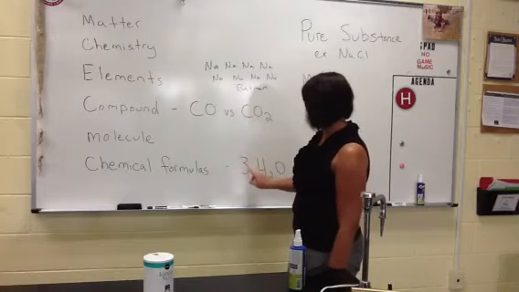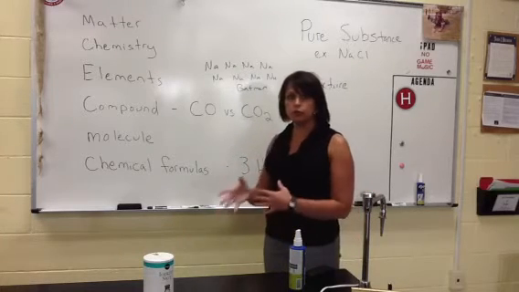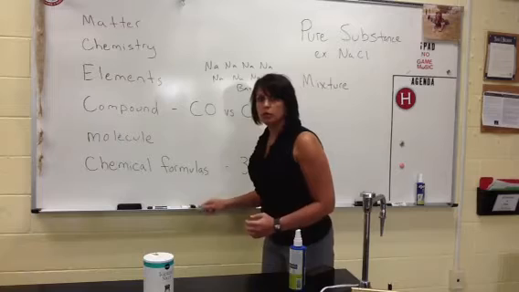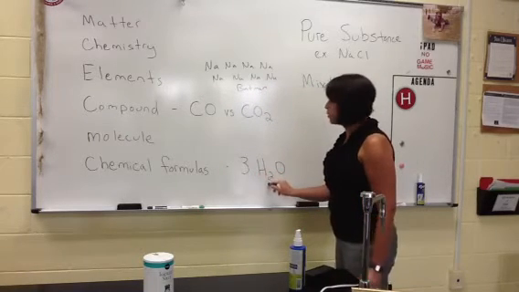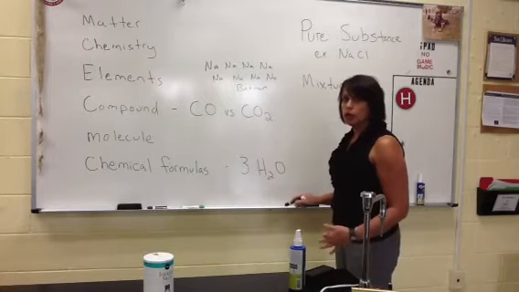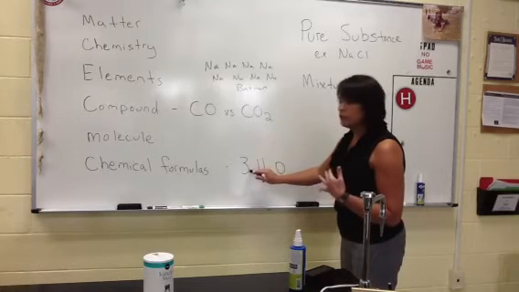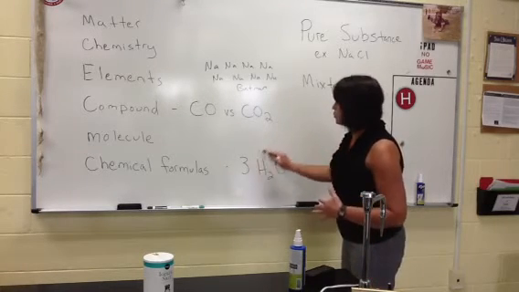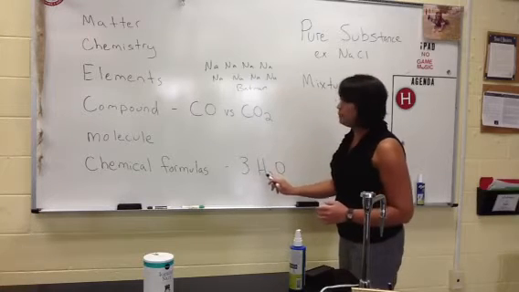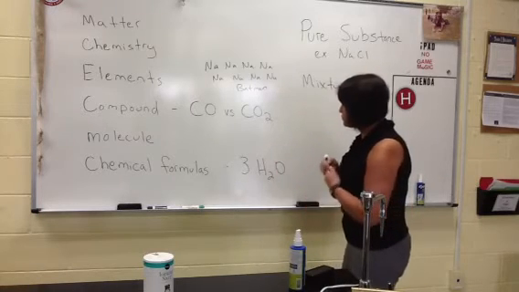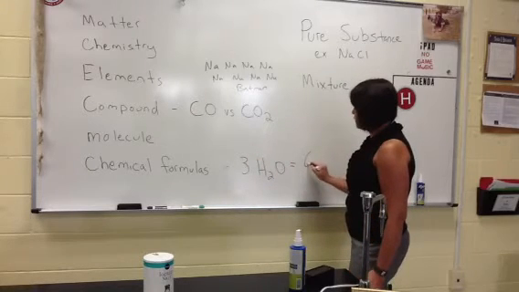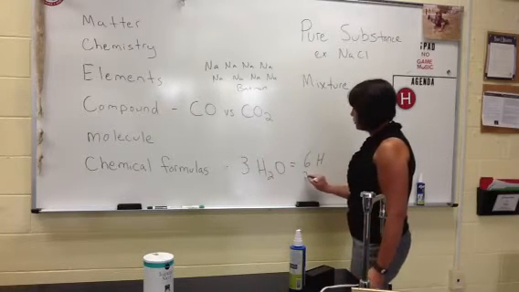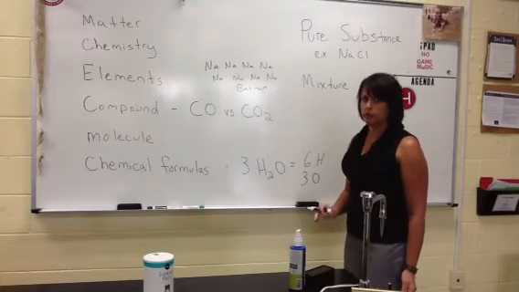I have another chemical formula down here, and we're going to sort apart how we would work with this. Here I have 3 water molecules. Now, using algebra, you need to distribute that through if you wanted to find out how much of each element you have. So, distributing that through, that means I have 6 hydrogens and 3 oxygens.